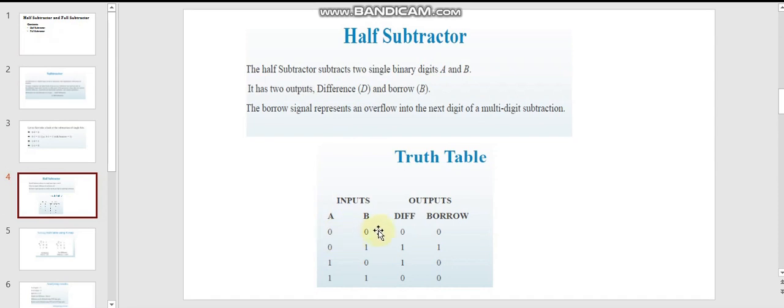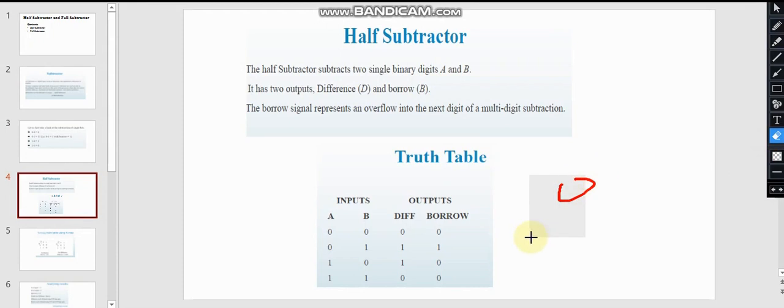in the first case when both A and B are 0, the difference should be 0 minus 0, which would be equal to 0.